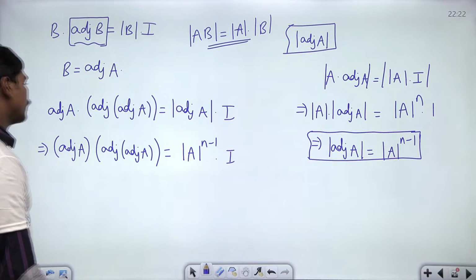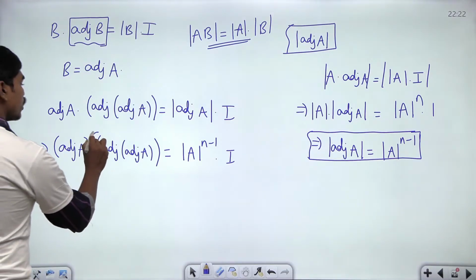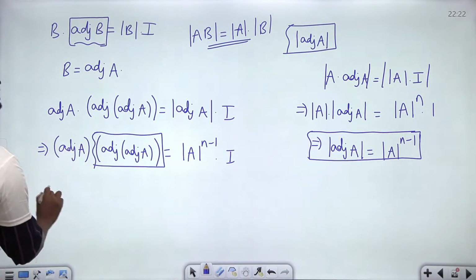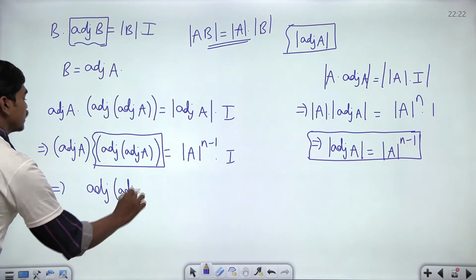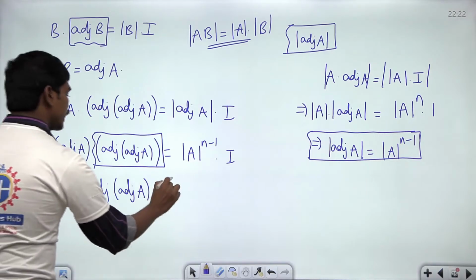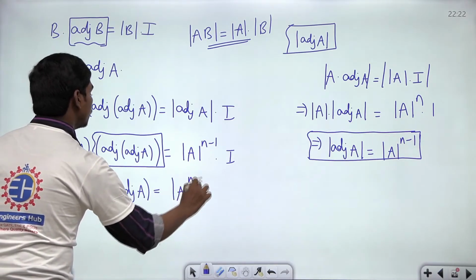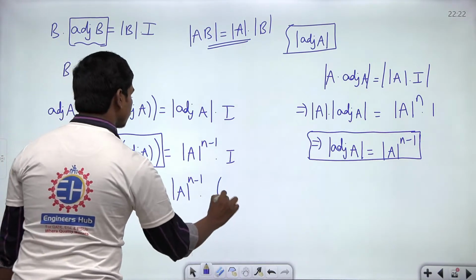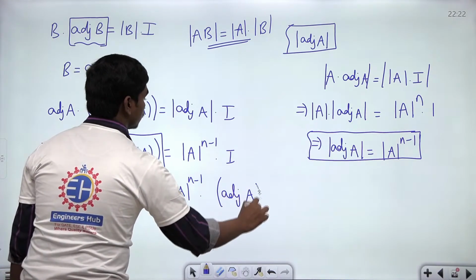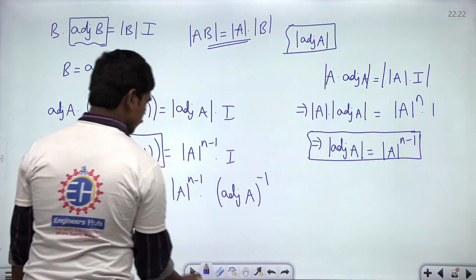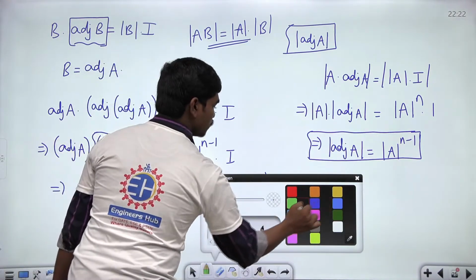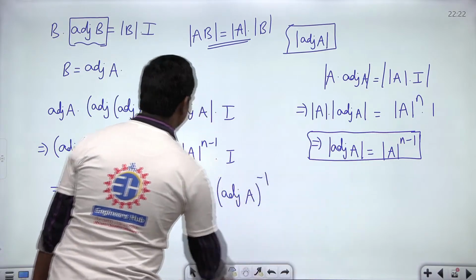Okay, so now if you want this adjoint of adjoint A, then it's simple. Adjoint of adjoint A is nothing but det A whole power n minus 1 into the inverse of this matrix adjoint A. This is what you will be having finally.